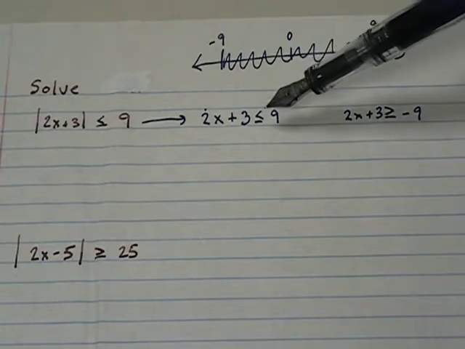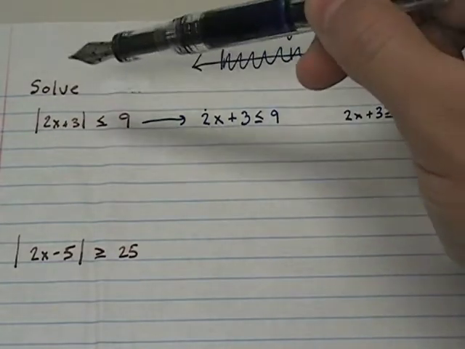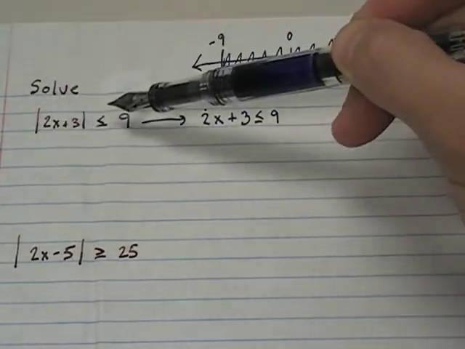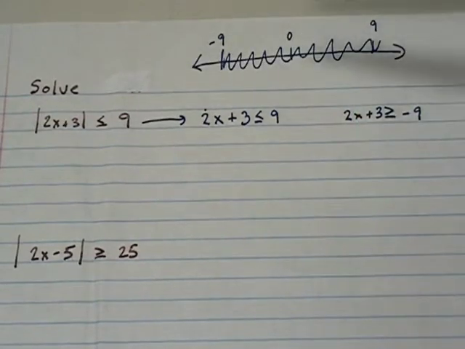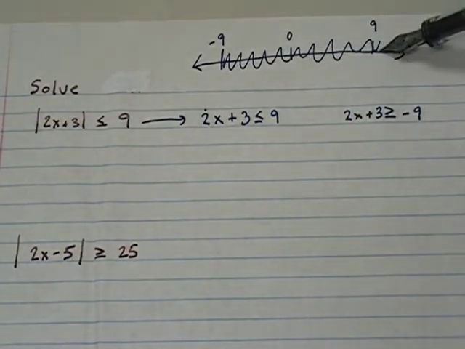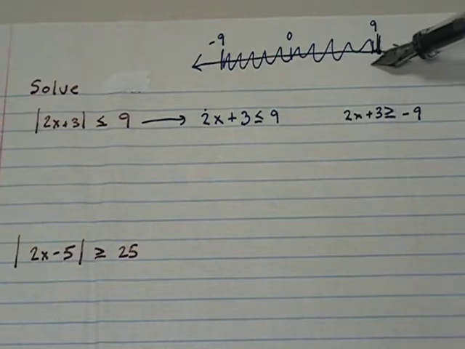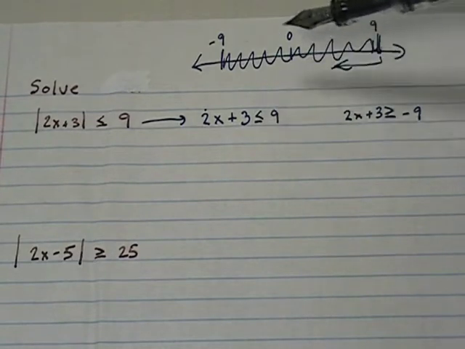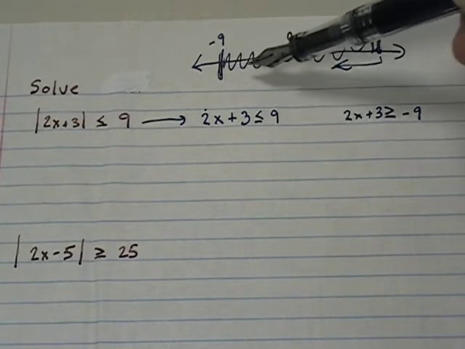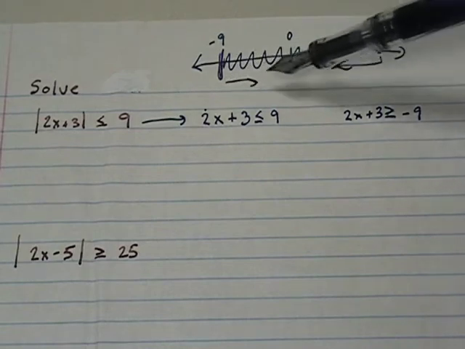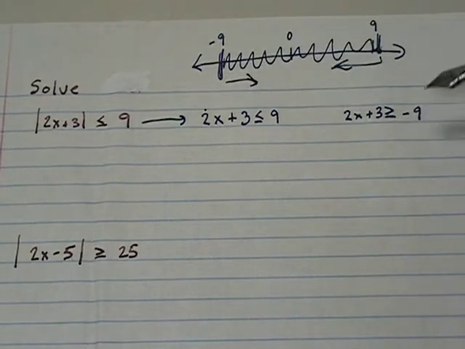Again, the reason is that this quantity is less than 9 steps from 0. In the positive direction, less than 9 steps would be a less than inequality. On this side, to be less than 9 steps from 0 has to be a greater than inequality.